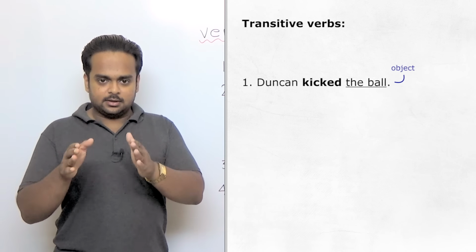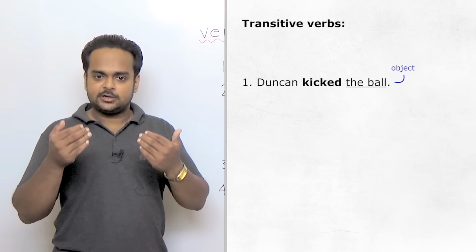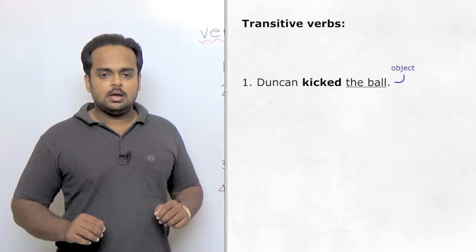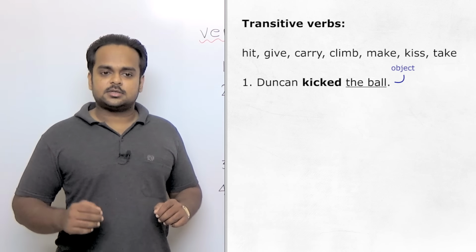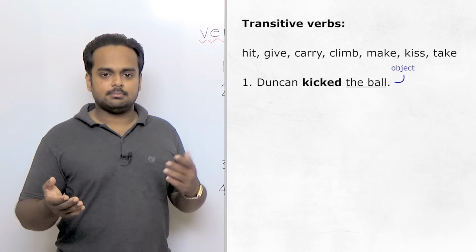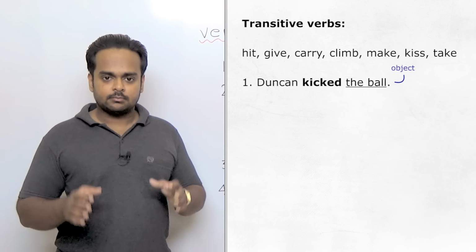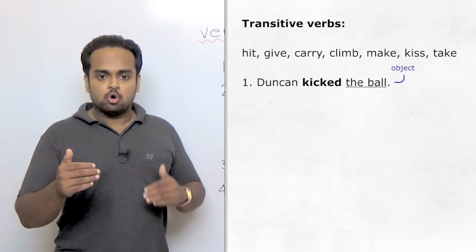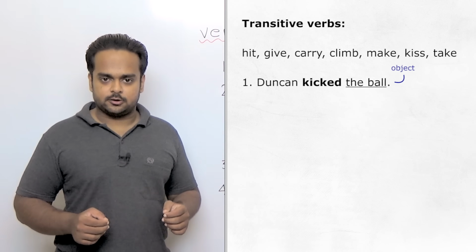And the verb kick is a transitive verb. It always needs an object. Some other common transitive verbs are hit, give, carry, climb, make, kiss, and take. With all of these, if you ask the questions who or what, you will get an answer.